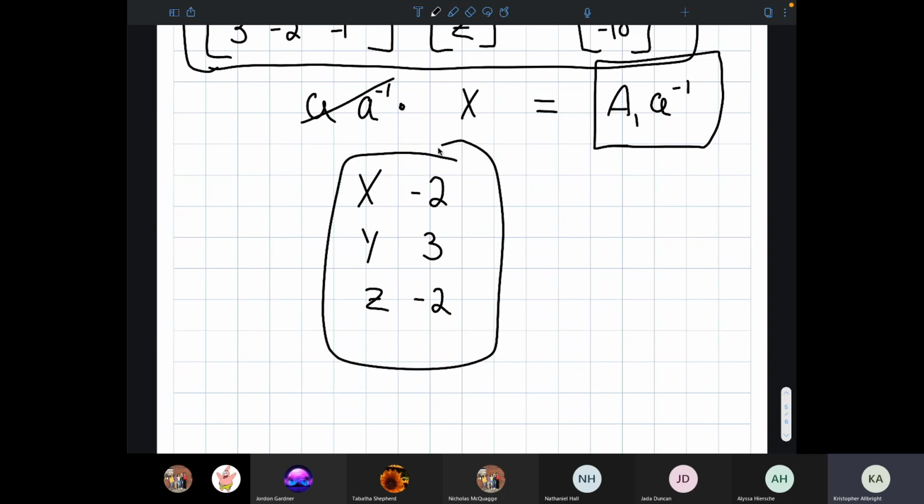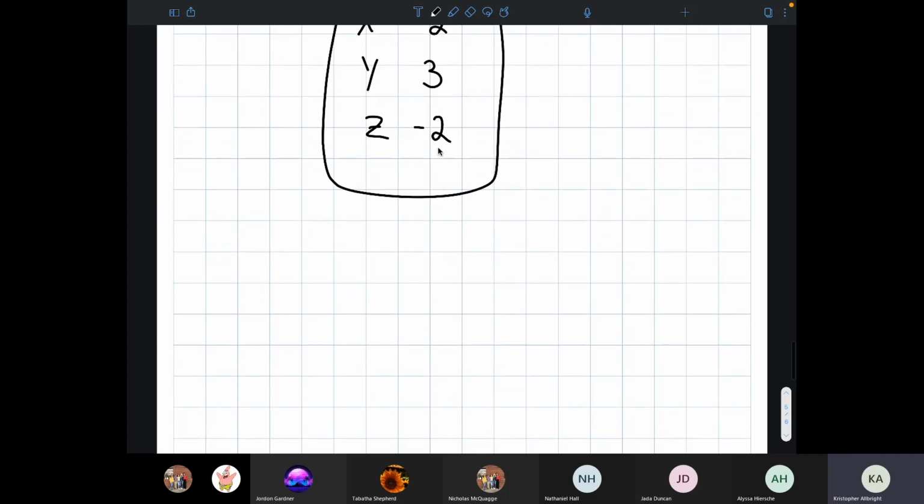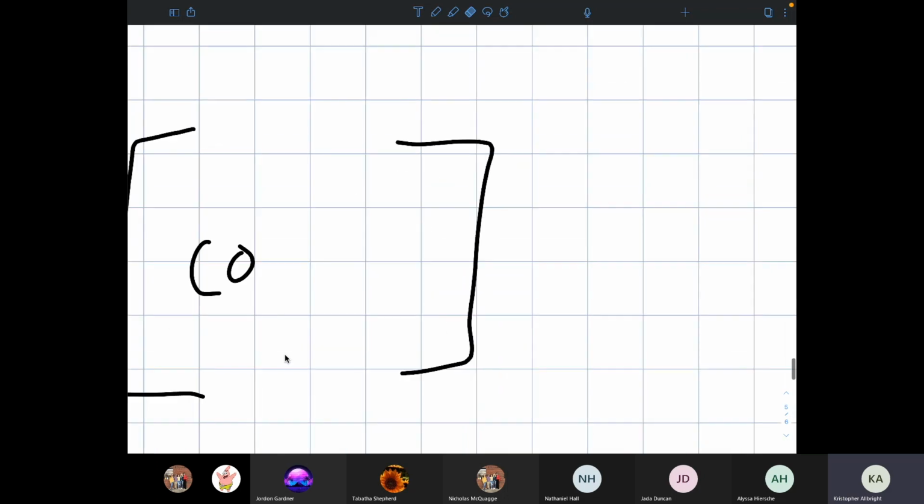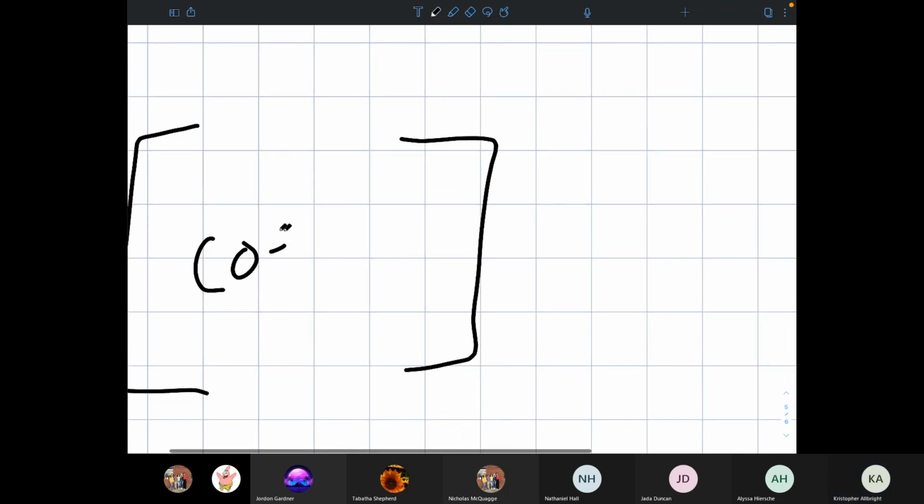So if we go through and set the second problem up, I'm not going to plug it into Symbolab this time, but what we're looking for is a coefficient matrix.